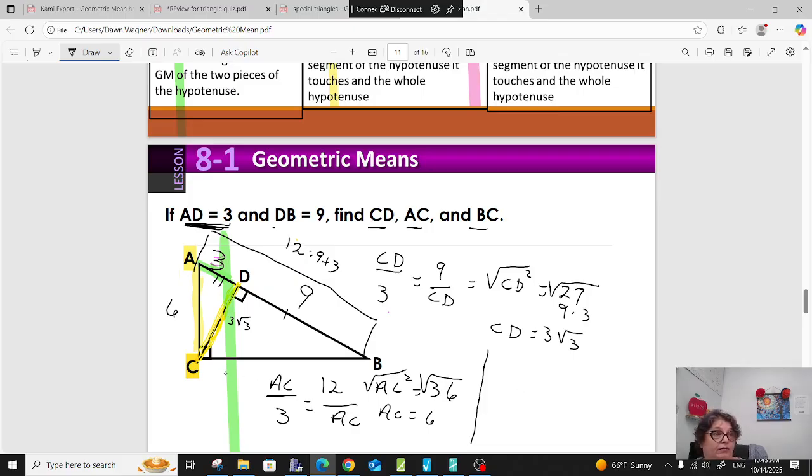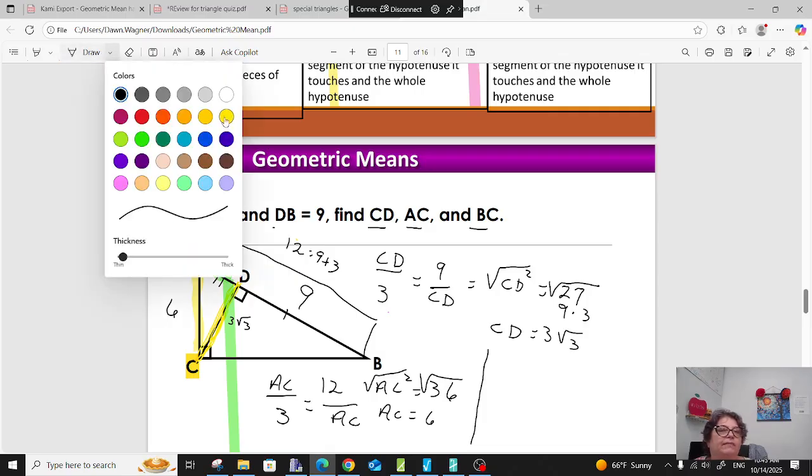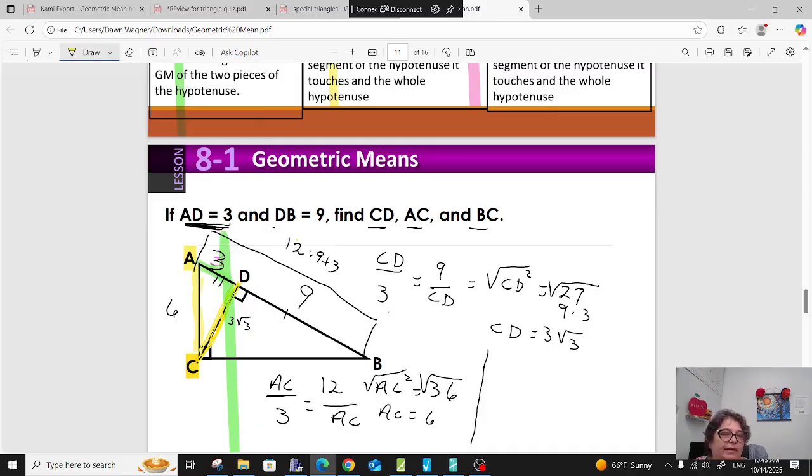Are you good? Okay. So now they want BC. BC is another geometric mean. Remember, geometric mean is the inside, which is called an altitude, and the two legs, right? And so BC is another geometric mean.